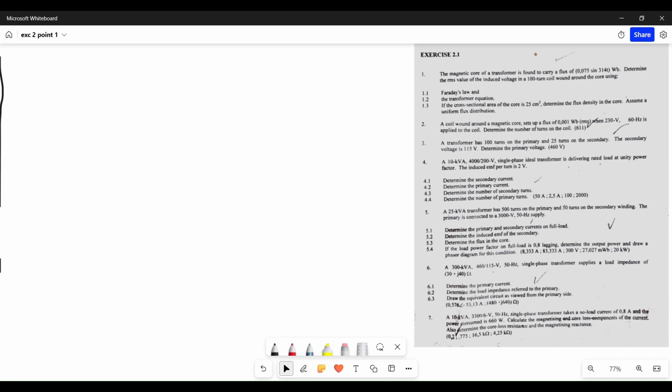We are given the value of the load. First of all, write everything that we are given. We are given S is equal to 300 kVA, and then we're given 460/115 volts, frequency is 50 Hz.